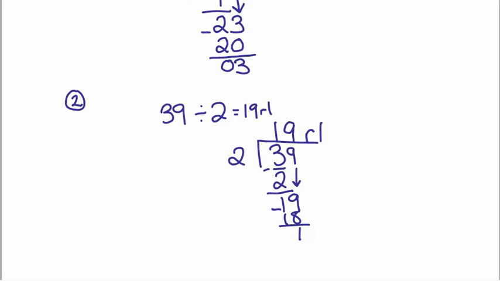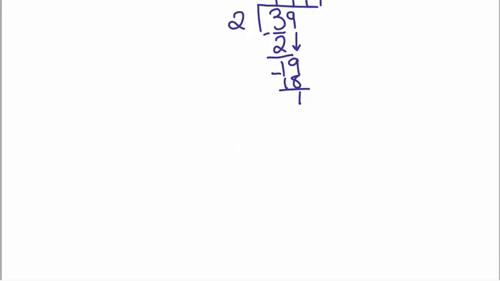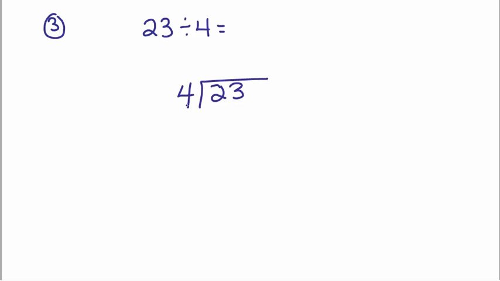We'll do one last example, which is a little bit more complicated. And the question that we will use for this one is going to be 23 divided by 4. And we will start with our 23 divided by 4.